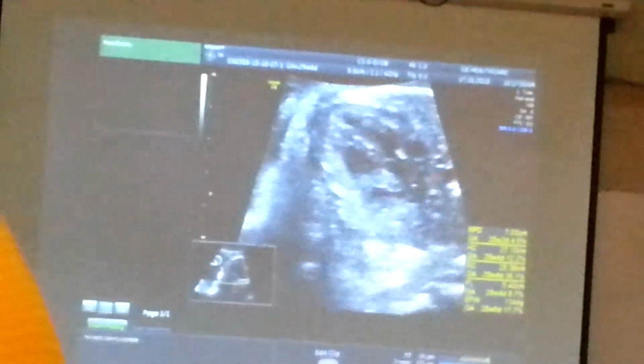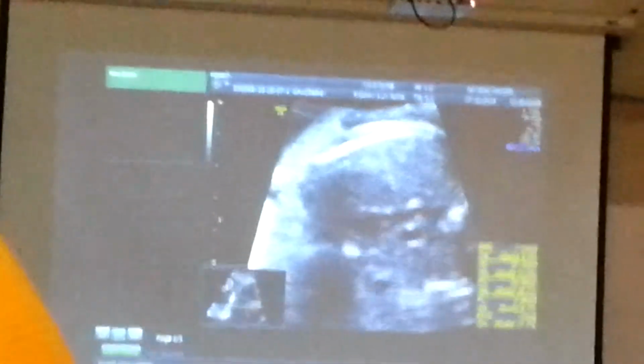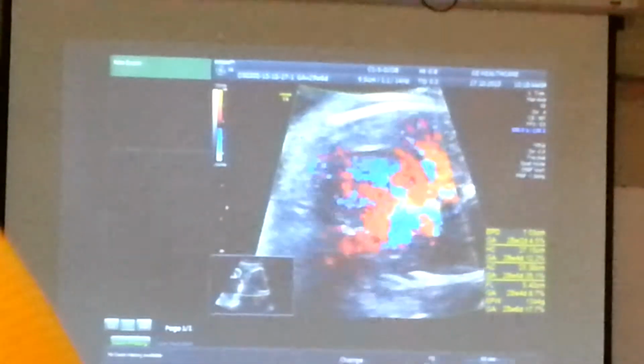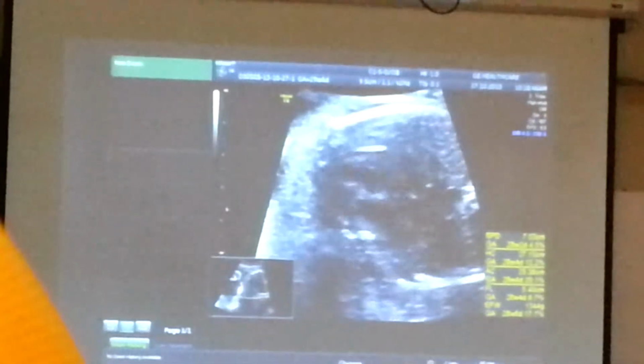And the size, and they are crossing each other. In fact, if you want to examine it again, put a color there. This is not enough.